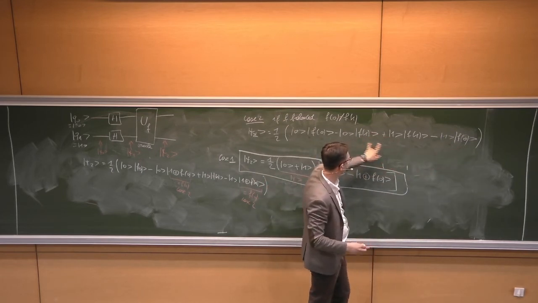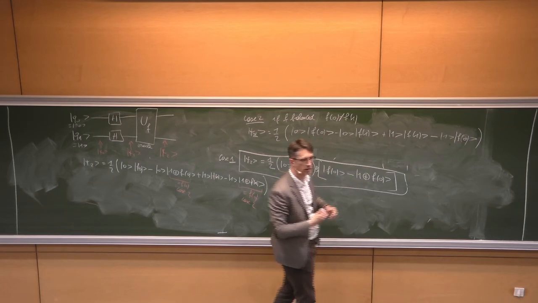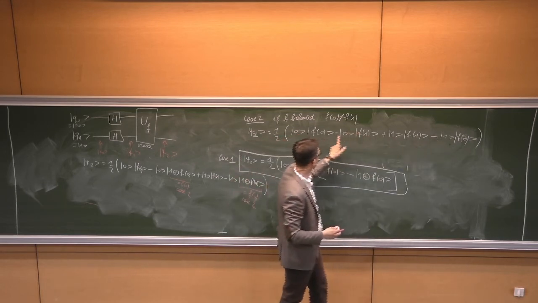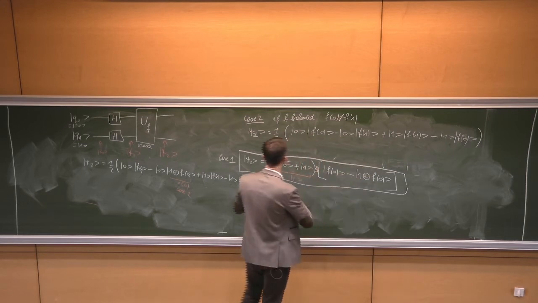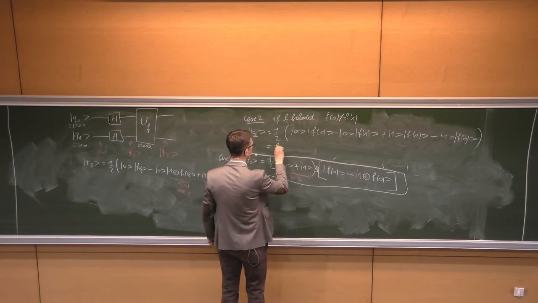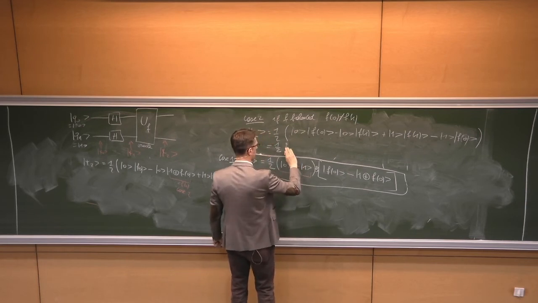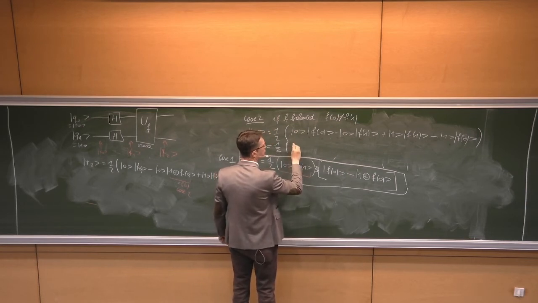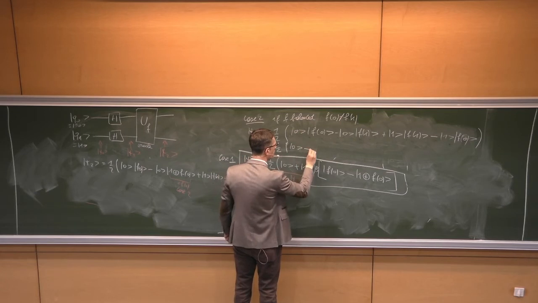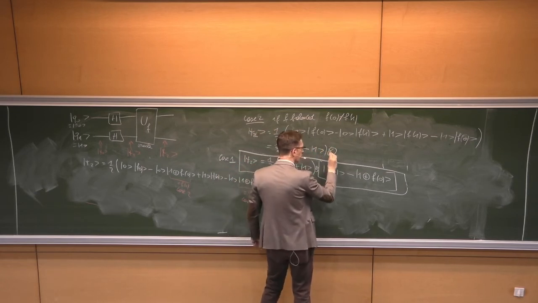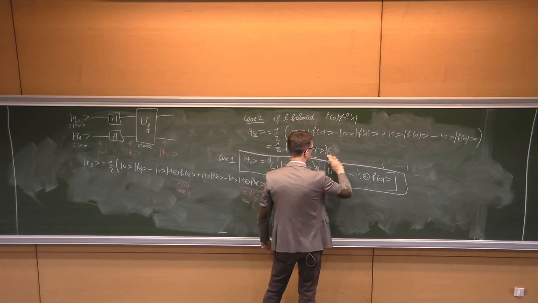And I have F1 here and F1 there, I can also factorize it, except that now I've got 0 minus 1 and minus 0 plus 1. So I've got 1/2 of 0 minus 1, tensor product this time.